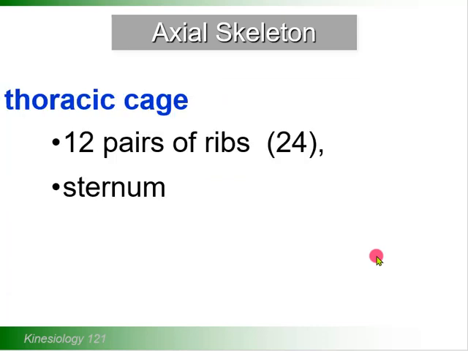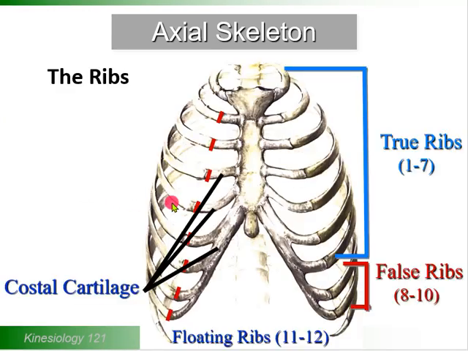Thoracic cage has 12 pairs of ribs and sternum. This is sternum, and here we see 12 ribs on right side and 12 ribs on left side. From 1 to 7 we see 1, 2, 3, 4, 5, 6, 7.